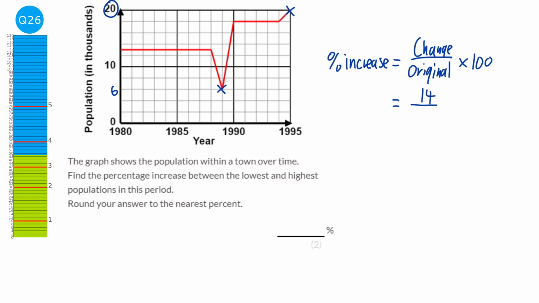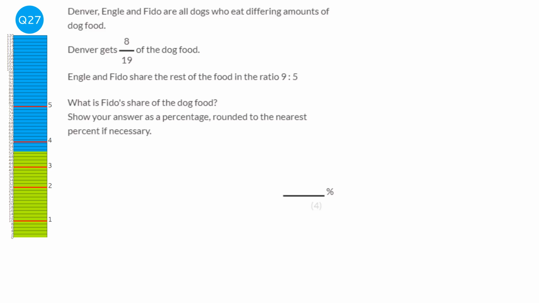The original, the starting point, was the 6, and times by 100. And that gives us 233.333 and so on percent. And this 100 technically is 100% that we're timesing it by. So it says it wants it to the nearest percent, so that would be 233%.